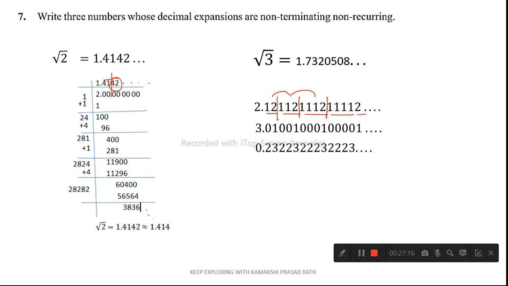There is nothing repeating, so we are breaking the pattern of the decimal places. So we will always get a non-terminating, non-recurring decimal expansion. We can use patterns like 0.1010010001 and so on, or 2.232223222 and so on. In this way we get any number of irrational numbers whose decimal expansions are non-terminating and non-recurring.